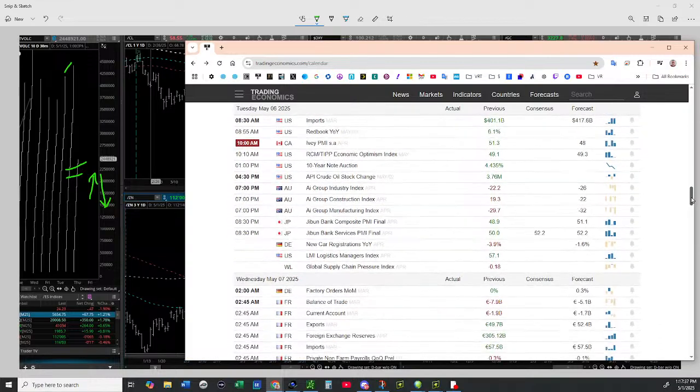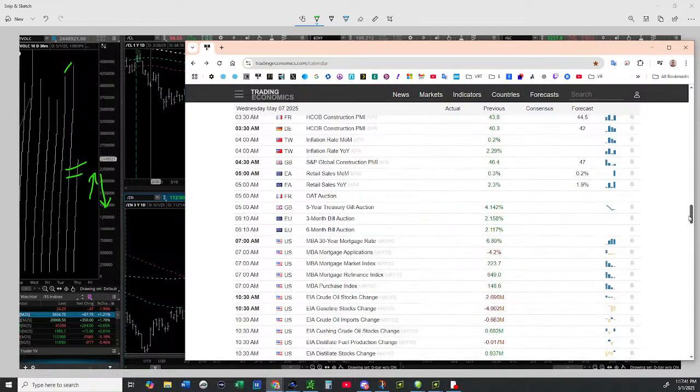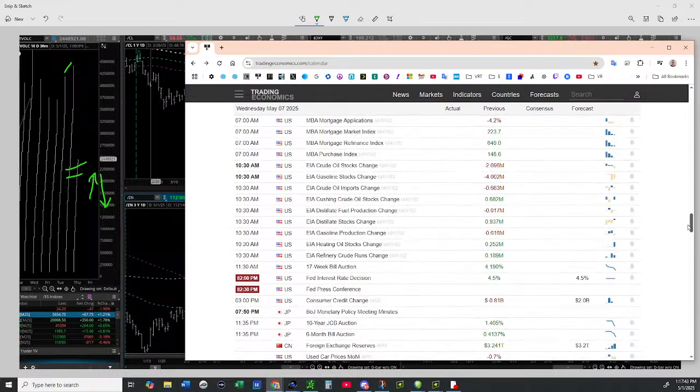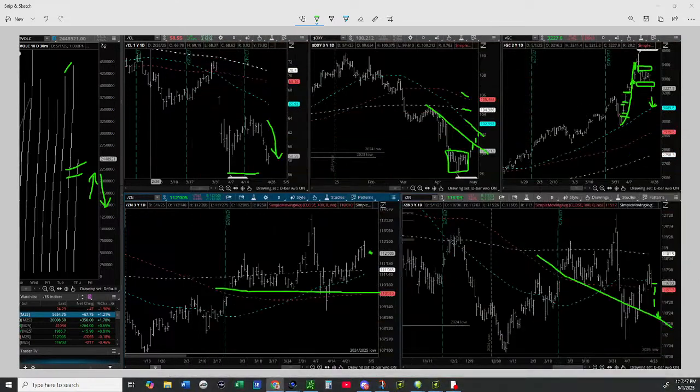We're showing decreasing confidence in the United States, right? But there's nothing else maybe for the remainder of the week regarding auctions.